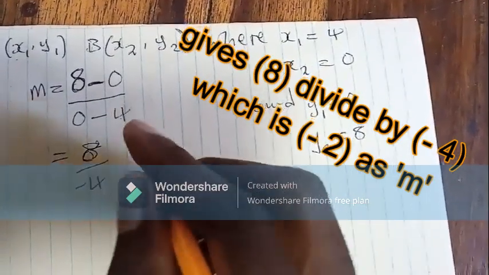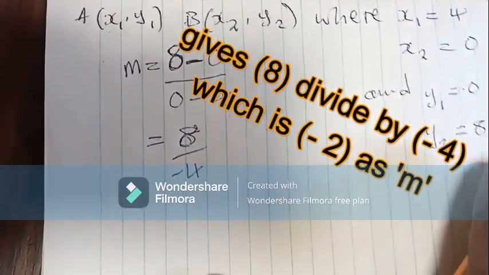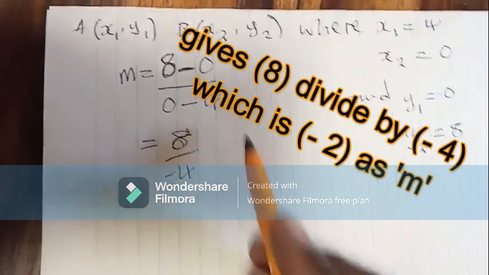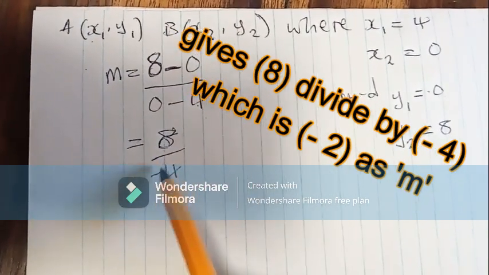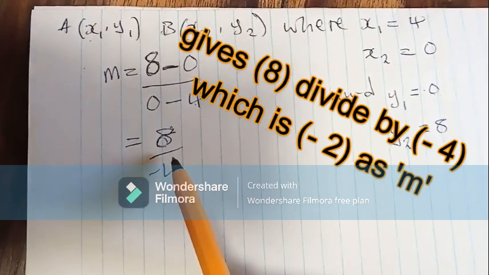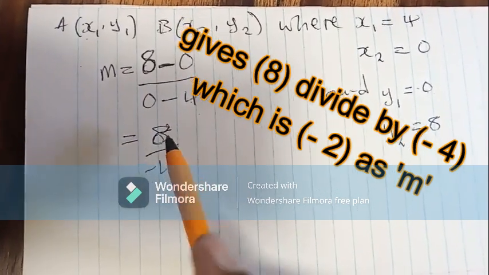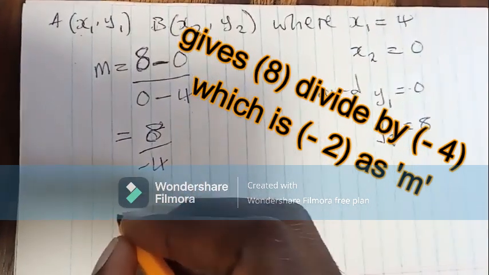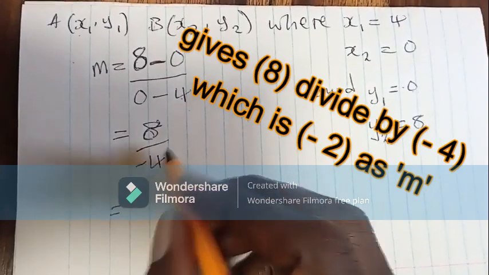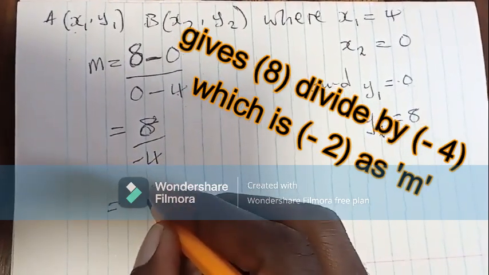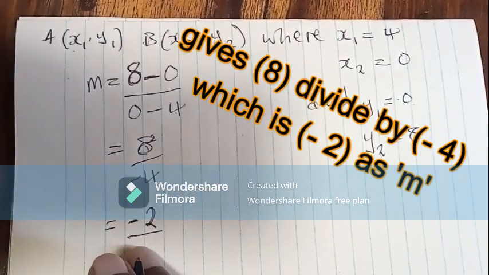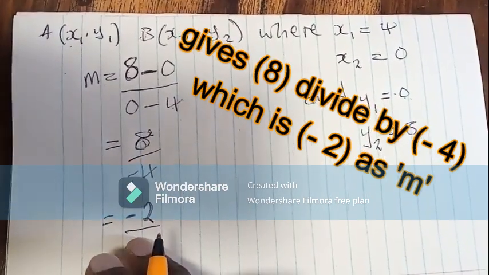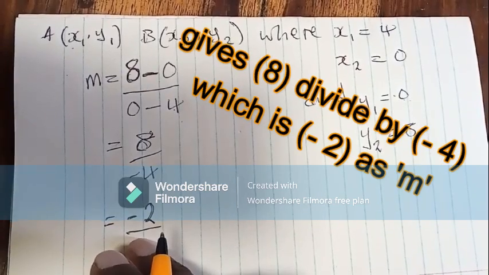I hope it's clear enough to be seen. So 8 minus 0 is just 8, and then 0 minus 4 will just give us a negative 4. As we divide, we are just going to get a negative 2.